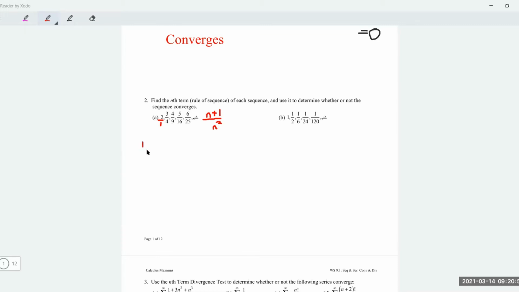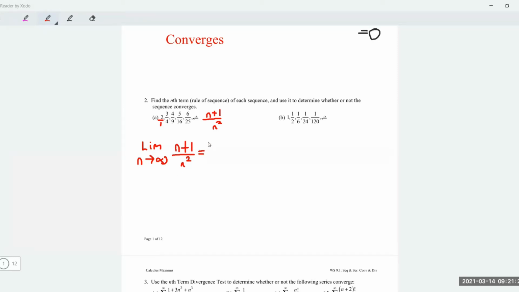What we're going to be doing is evaluating the limit as n approaches infinity of n plus 1 over n squared. There are many ways we could do this. We could divide through by the highest power of n.